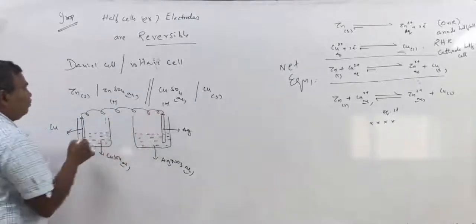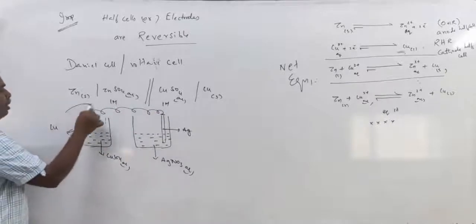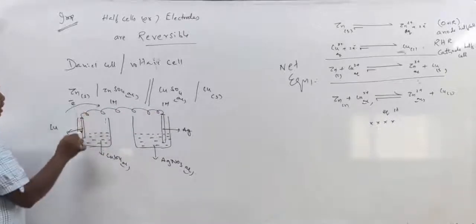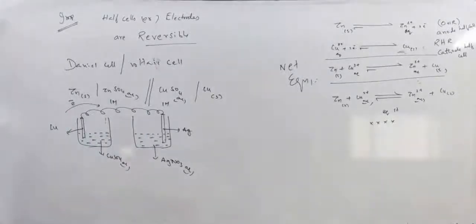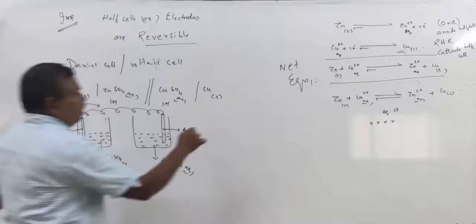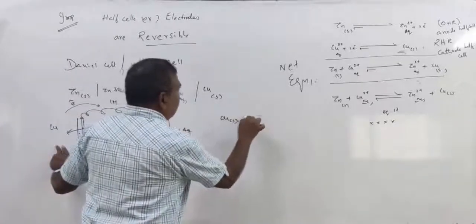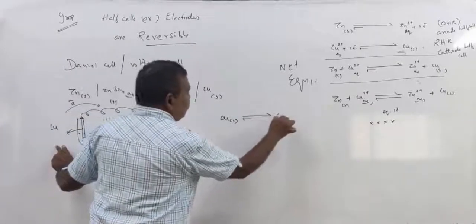Then flow of electrons takes place from the copper rod to the silver rod. So that means copper loses electrons.